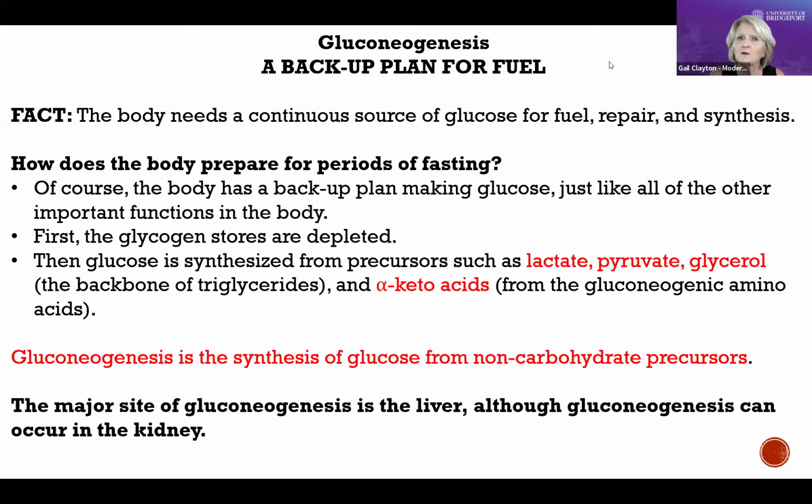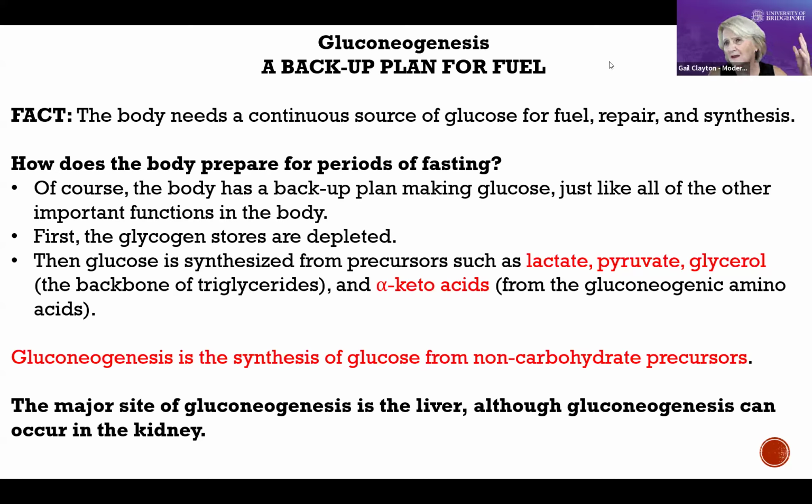There are going to be periods where we're fasting, because we have dinner and then we don't eat again until breakfast, maybe 12 or 14 or sometimes even 18 hours. So how do we ensure that all the organs and all the processes in the body get a continuous supply of glucose? Well, we have a backup plan: the body makes glucose, and it's made from non-carbohydrate sources.